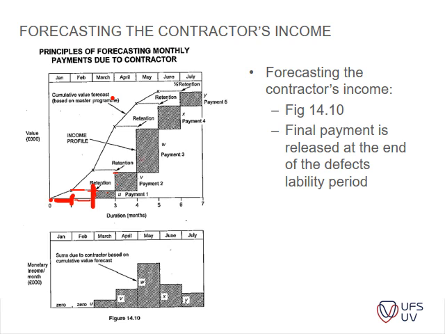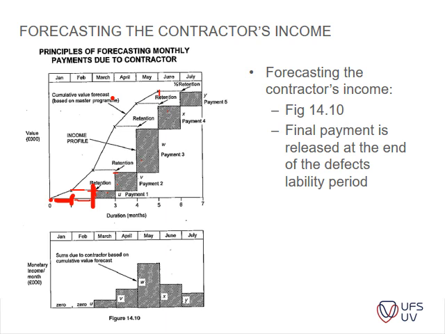Please have a look at figure 14.10, which you will find on page 320. The final payment is released at the end of the defects liability period. So you remember, the project is practically complete here.